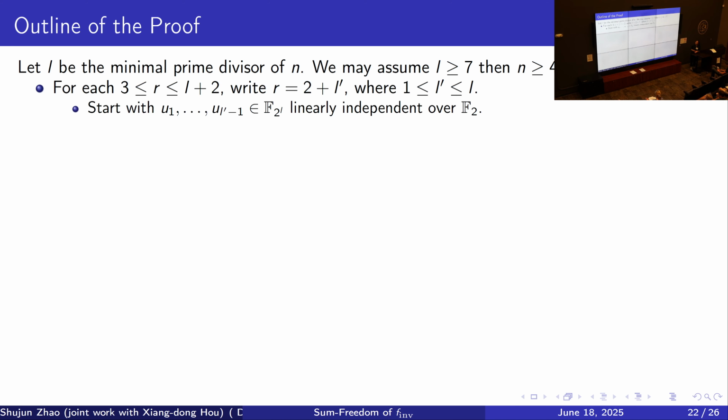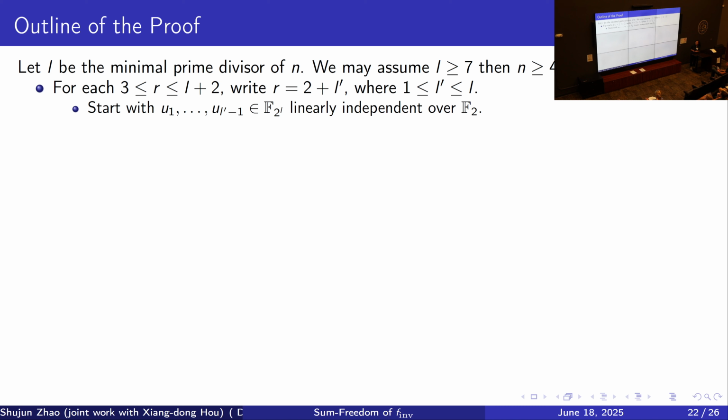And then for each r from 3 to L plus 2, we take L prime to be r minus 2, and we could choose L prime linearly independent elements from F2 to the n.